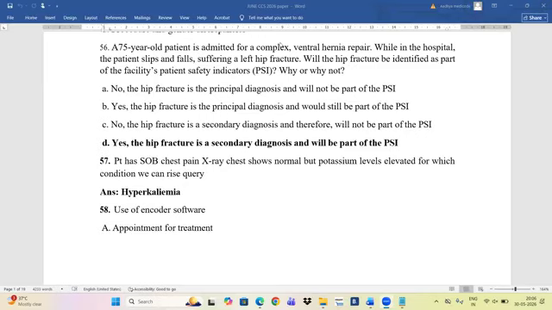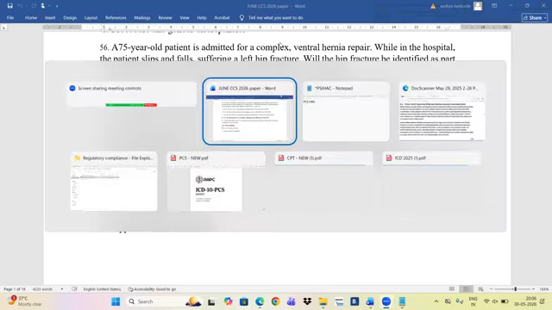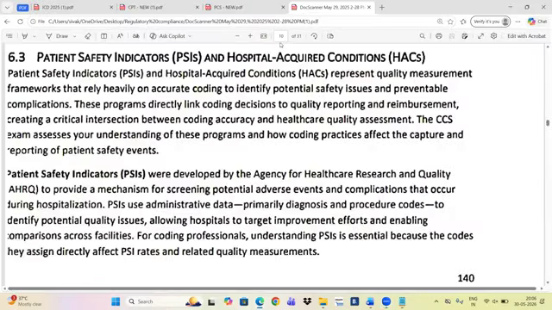PSI means patient safety indicator, and HAC means hospital acquired conditions. Both represent quality measurements of the hospitals.